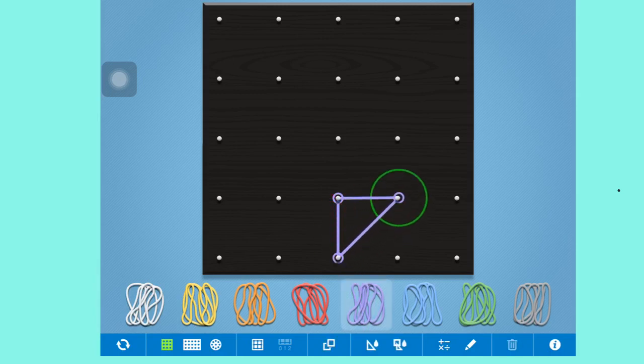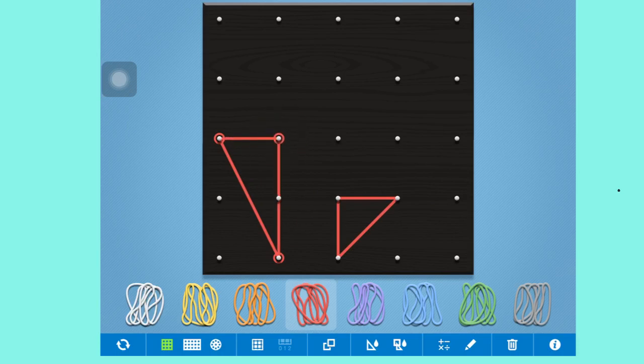So here, I'm going to make some shapes that all have a right angle. Mathematicians use a special symbol to show that an angle is a right angle.